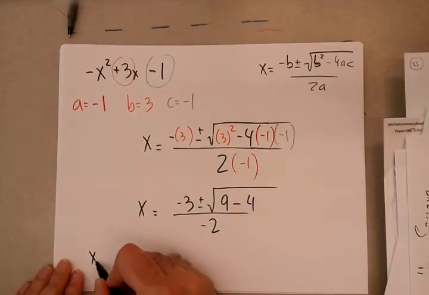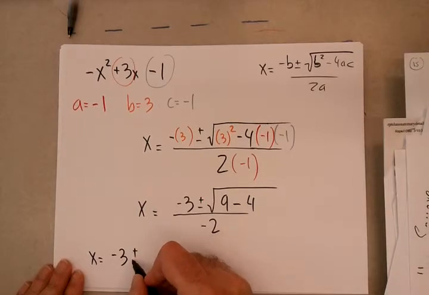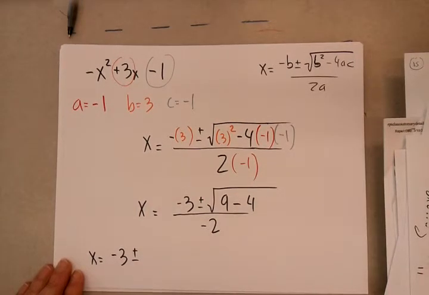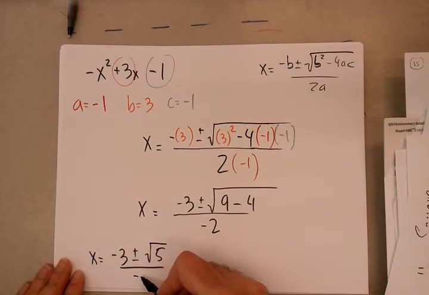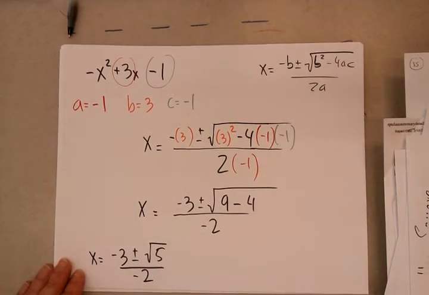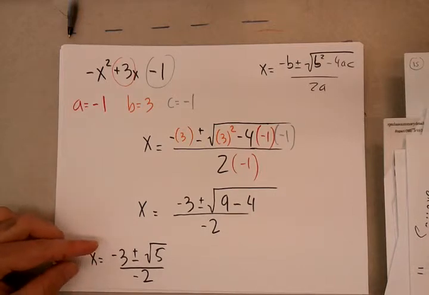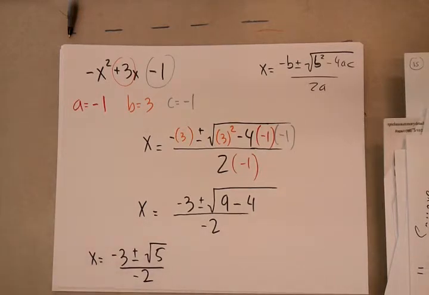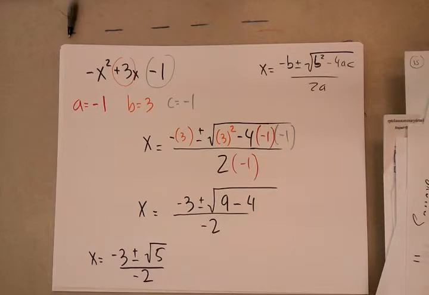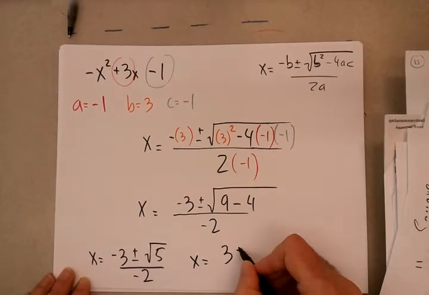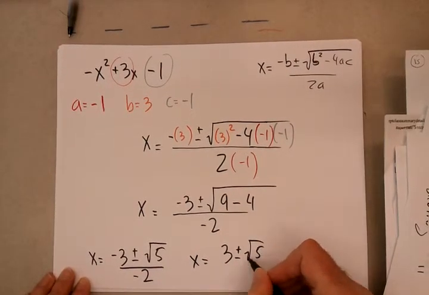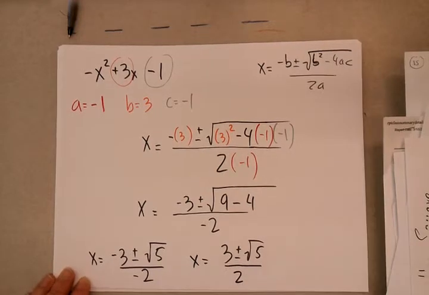Alright. 9 minus 4 is a 5. And on the bottom we have a negative 2. And we are going to go ahead and cancel out the negative on the top and the bottom, so we're going to essentially factor out a negative from the top and the bottom. So x is going to end up being equal to 3 plus minus root of 5 all over 2. And that's your final solution.